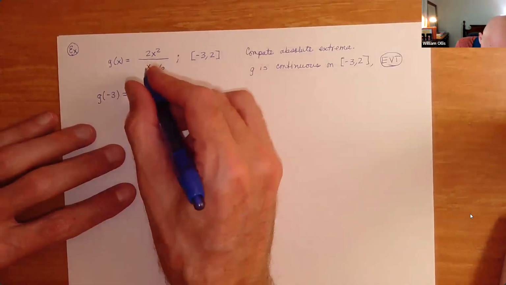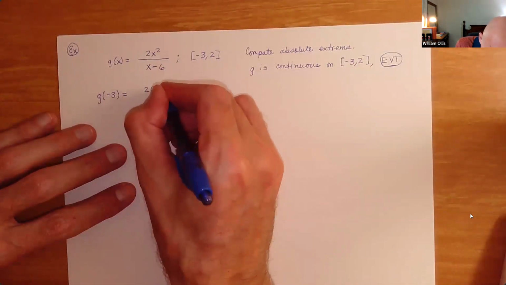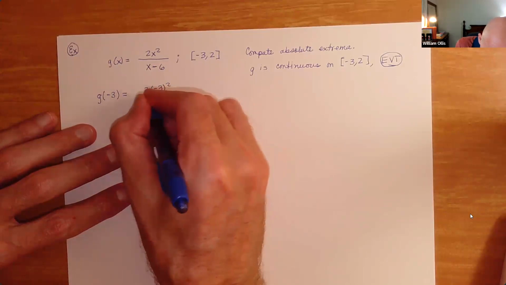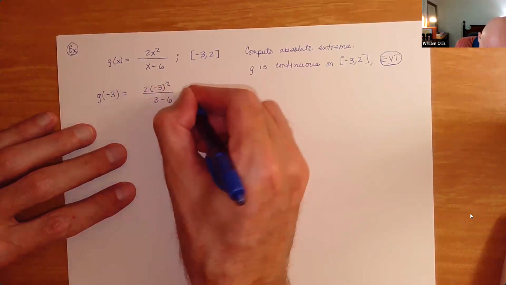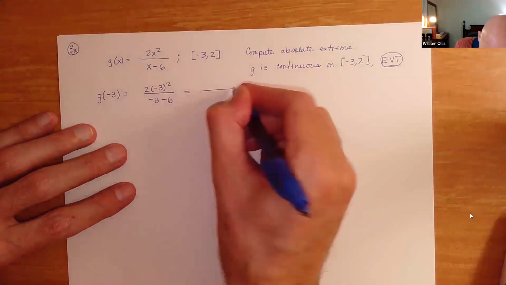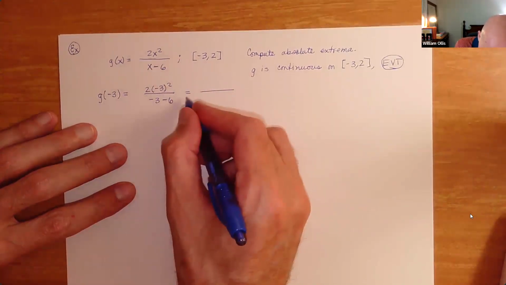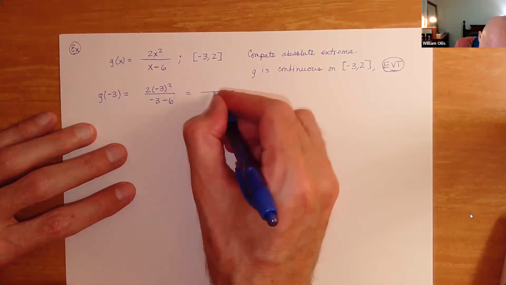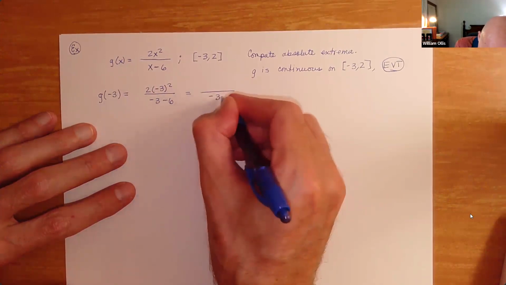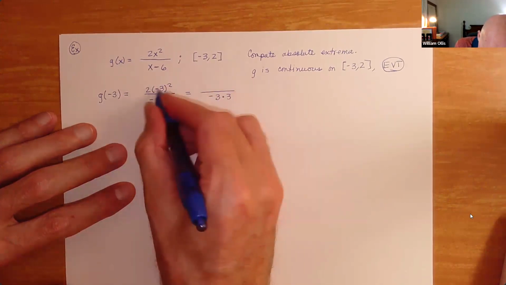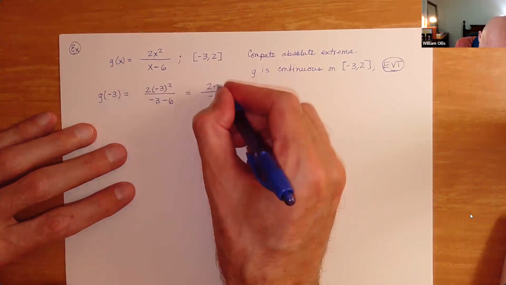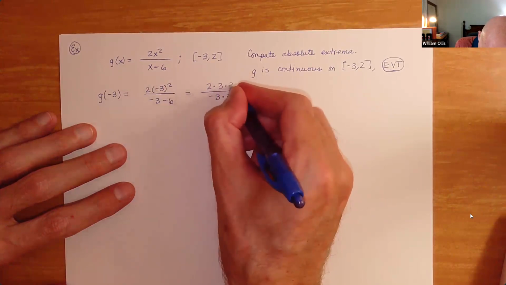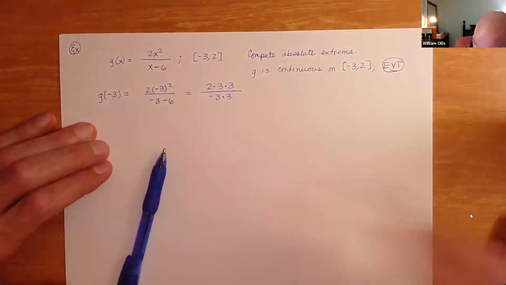So g of -3 is 2 times -3 squared, and then we have -3 minus 6. So now notice we've got a kind of interesting situation here. We have a -9, which is just a -3 times a 3. And then upstairs we have a 2 times a 3 squared, but of course the negative absorbs. So you can just go ahead and write it out in the factors.